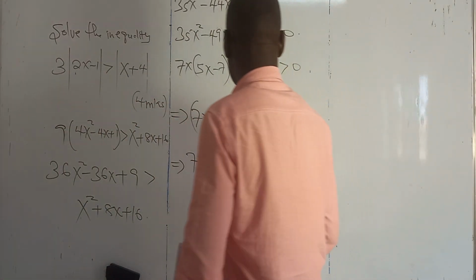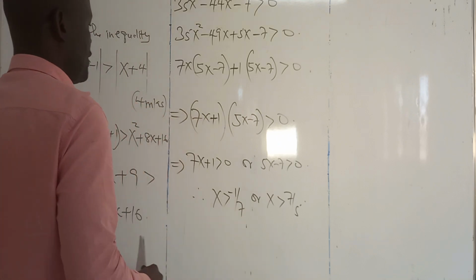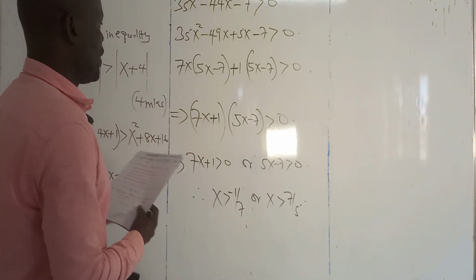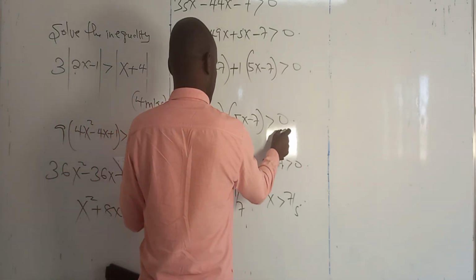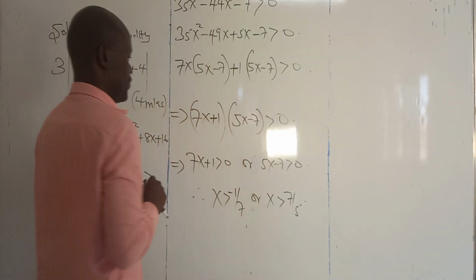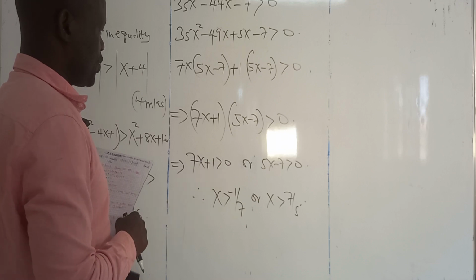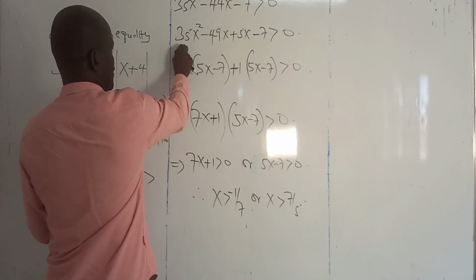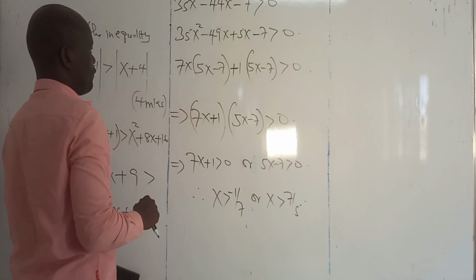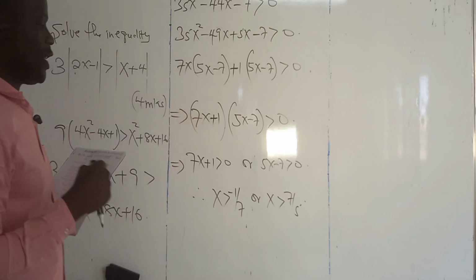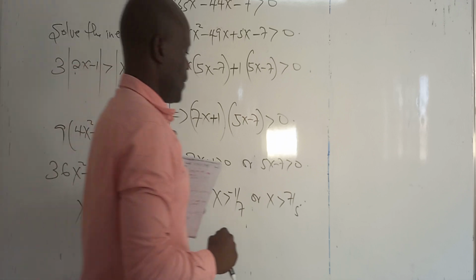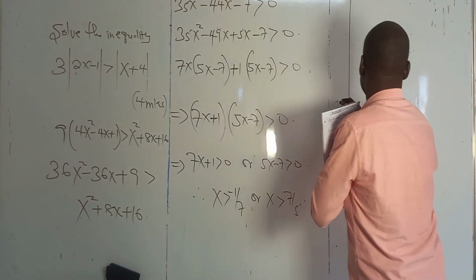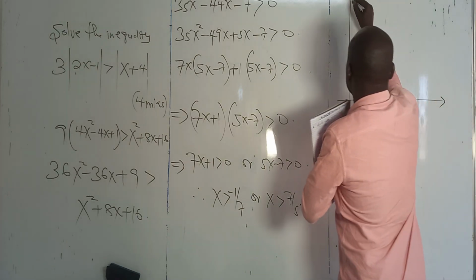Now, what we have is these two values, but then we had seen that this is greater than 0. So perhaps we sketch. Looking at the sign of the coefficient of x squared, we know that we are dealing with a U-shaped curve.